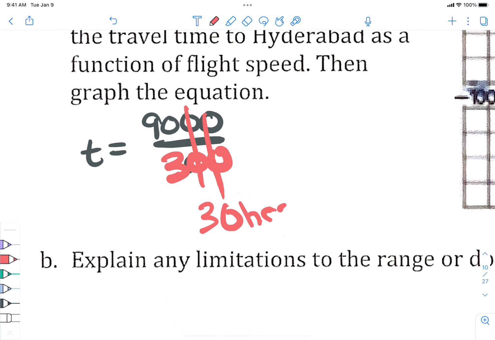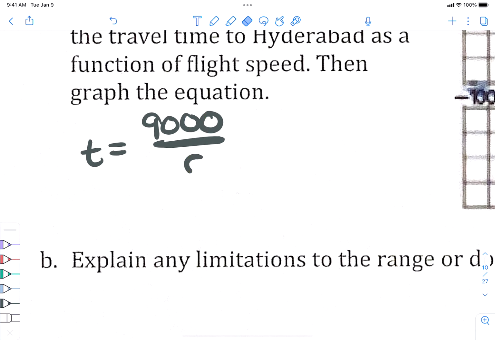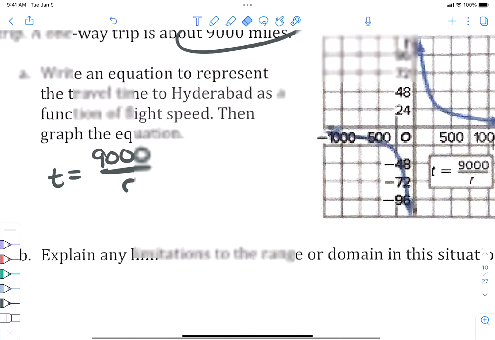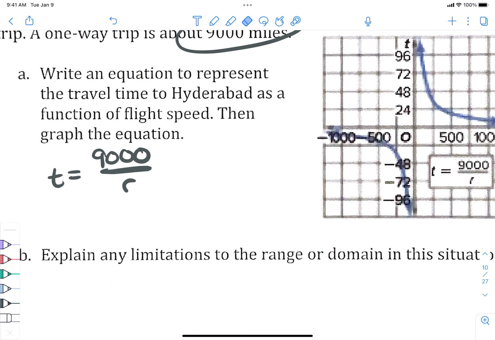That's a long time because that's a long way to go. India's all the way across the world. They're probably going to go faster than 300 miles per hour. But anyway, 9,000 divided by the rate is going to give you the time. Okay, so that's kind of how that works.